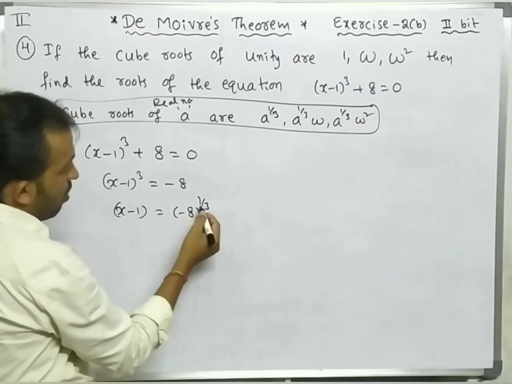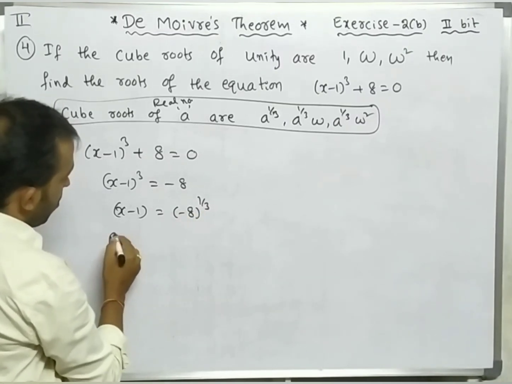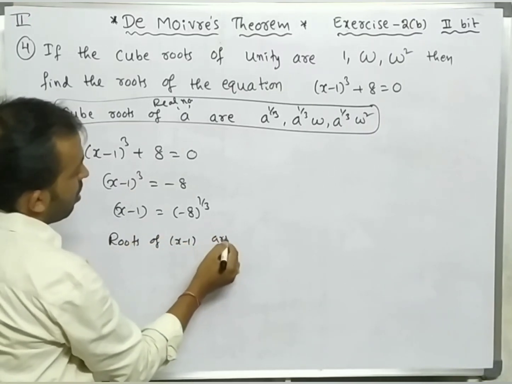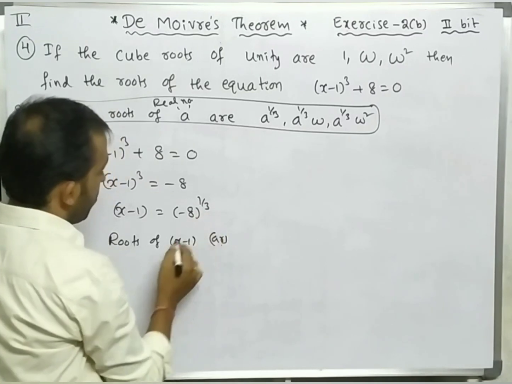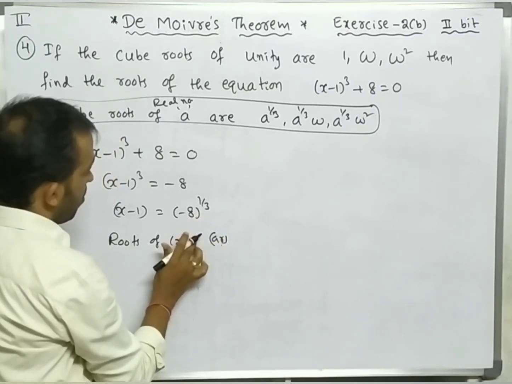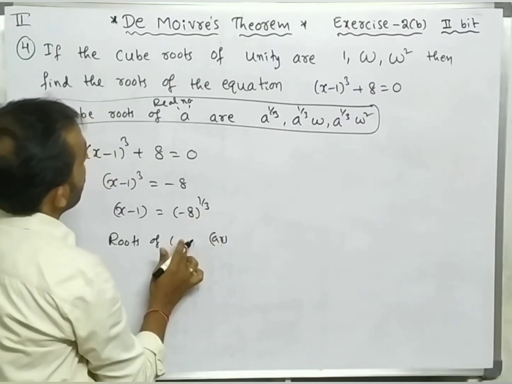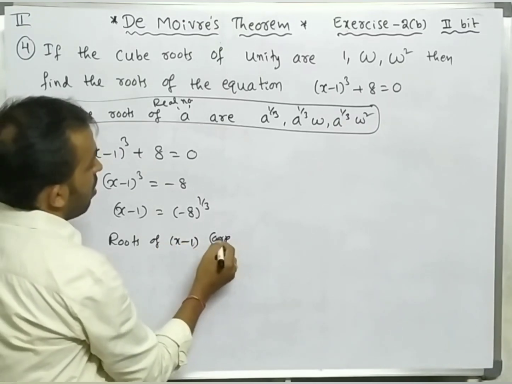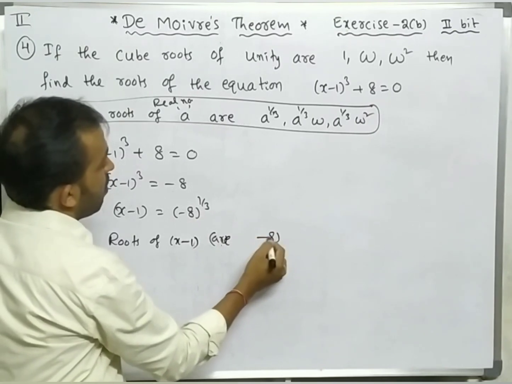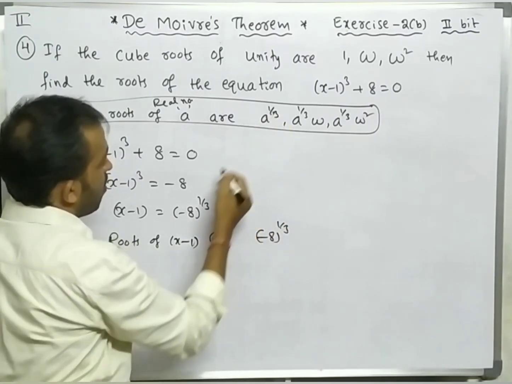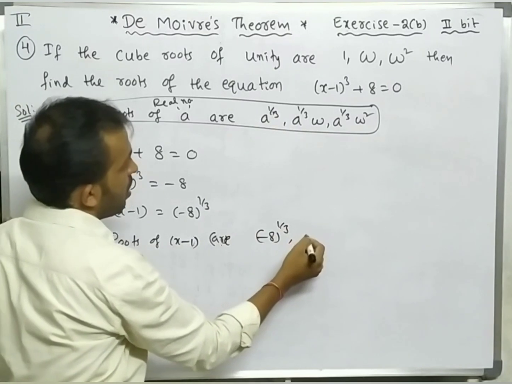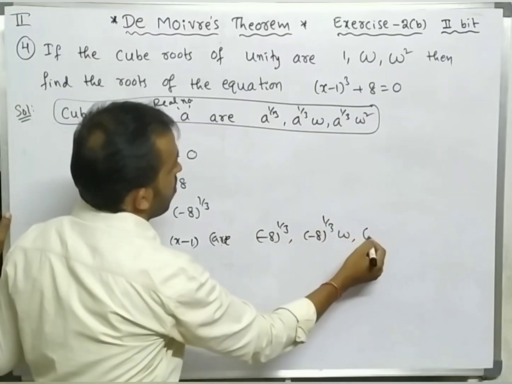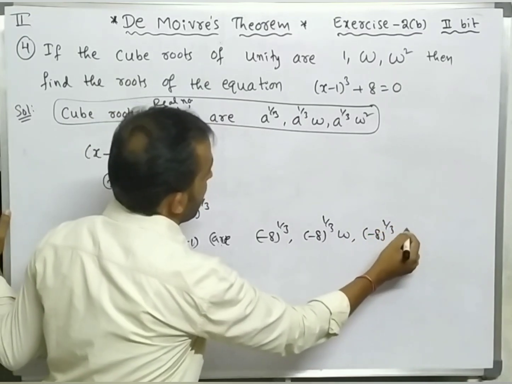So cube roots, therefore the roots of x minus 1 are minus 8 power 1 by 3, like this, a power 1 by 3: minus 8 power 1 by 3, minus 8 power 1 by 3 omega, minus 8 power 1 by 3 omega square.